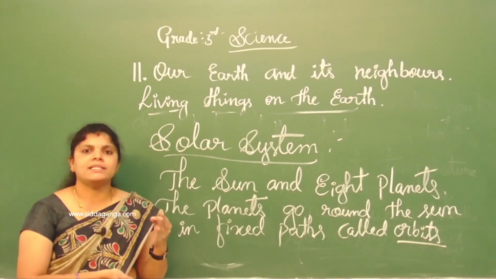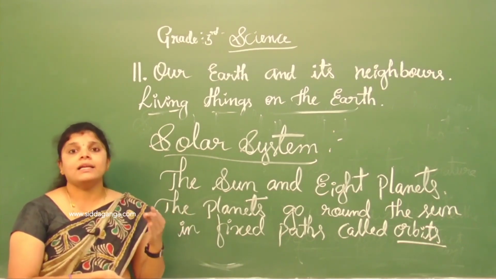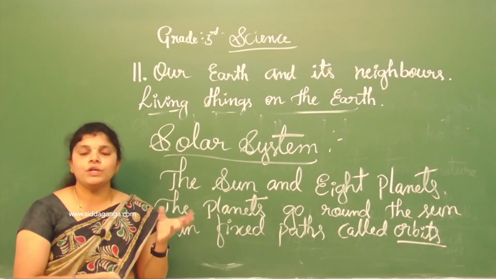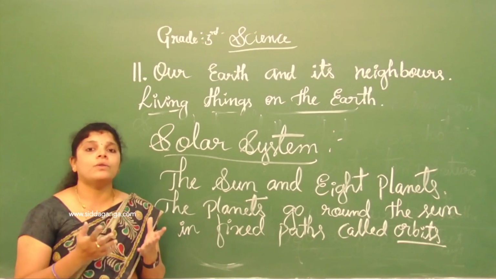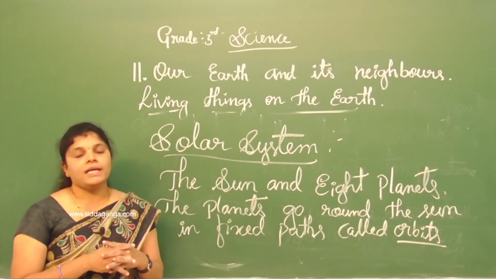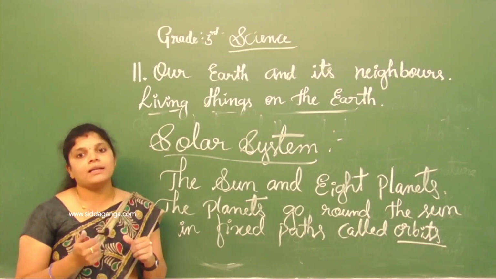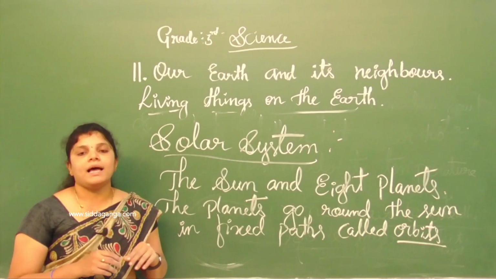See, that air is available only on the earth. Okay, and then there is a moderate temperature. See, moderate temperature means not too cold, not too hot. See, this helps life to survive on the earth. Okay, so for these reasons life exists only on the earth. See, the earth is a very beautiful and wonderful planet.